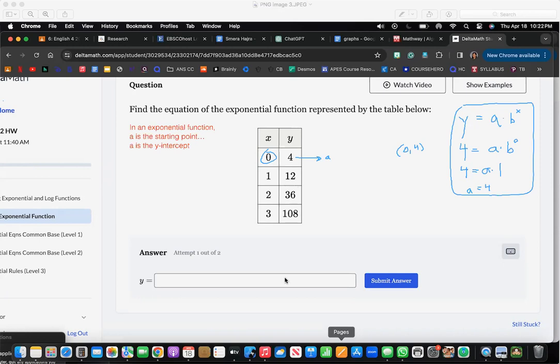Now, once you have that, you can plug it into any of these 3 points. I want the easiest point, which is the next one involving 1. It's easier to deal with small numbers. So I'm going to start with y equals a times b to the x again. But this time I'm going to plug in the a value of 4. So y is going to be 12. So we're basing this on (1, 12).